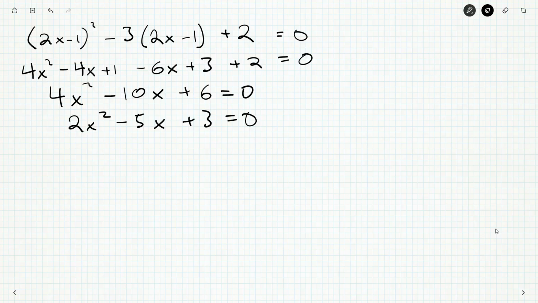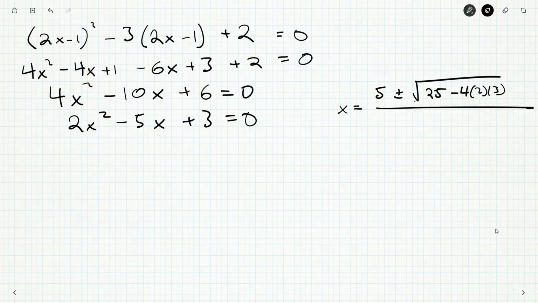So you would have to use the quadratic formula, which would be perfectly fine. x is equal to negative b plus or minus the square root of b squared minus 4ac, all over 2 times a, which is 4. So you get 5 plus or minus 1 over 4.